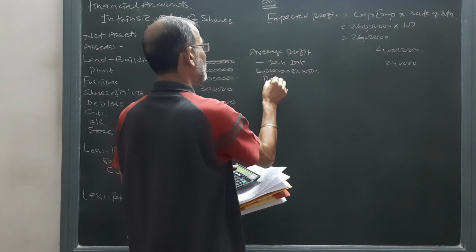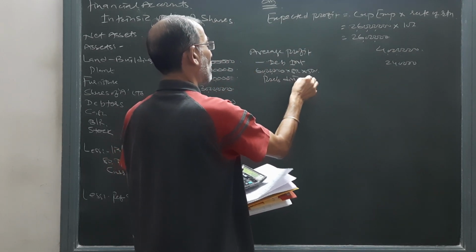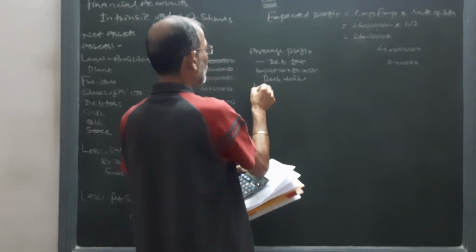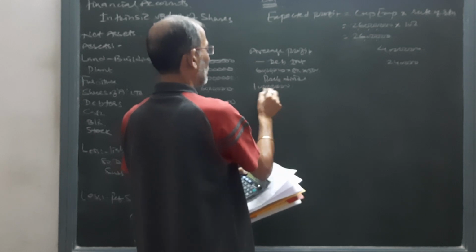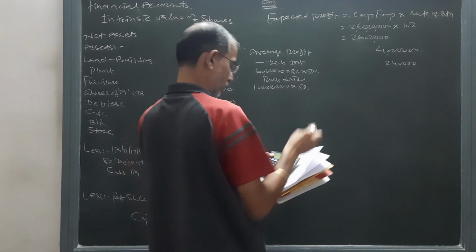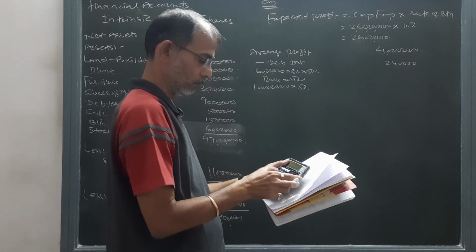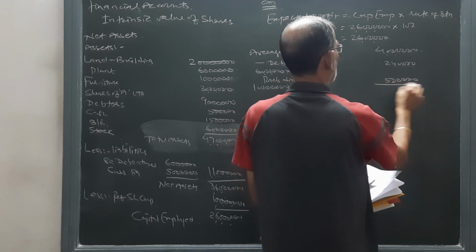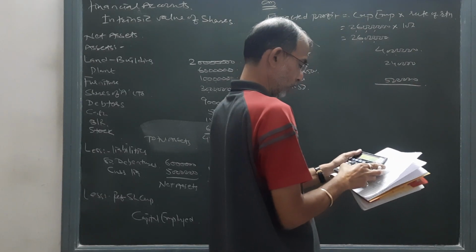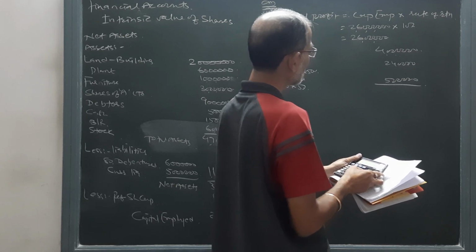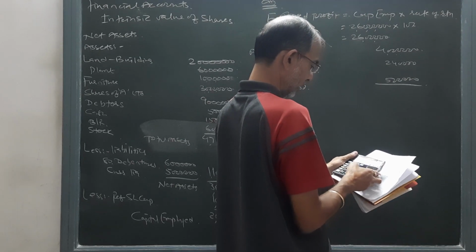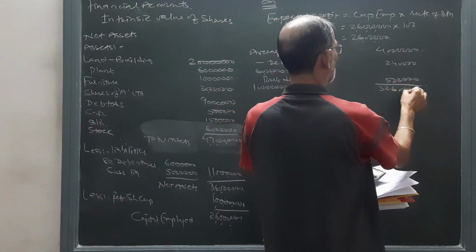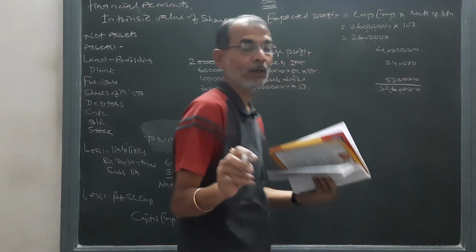And preference dividend, that will be 1 crore into 5%, 5 lakh. So 40 lakh minus 7 lakh 40,000, 32 lakh 60,000 is average profit.